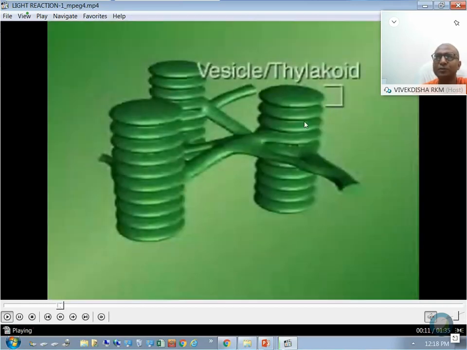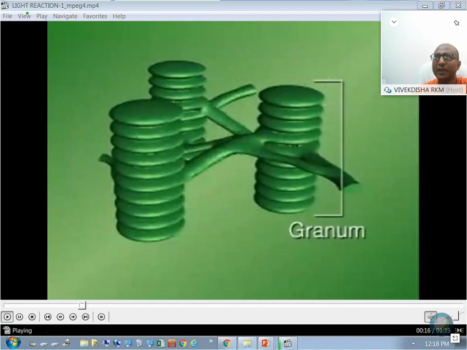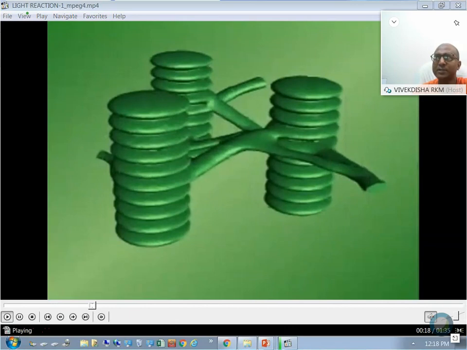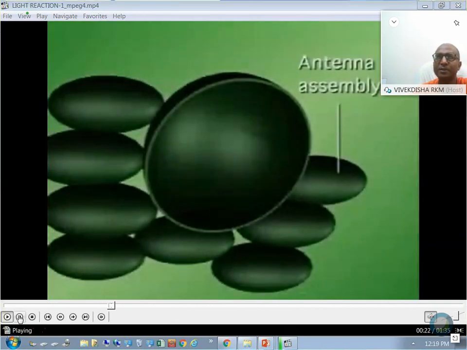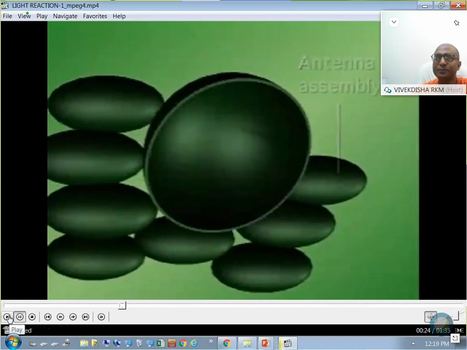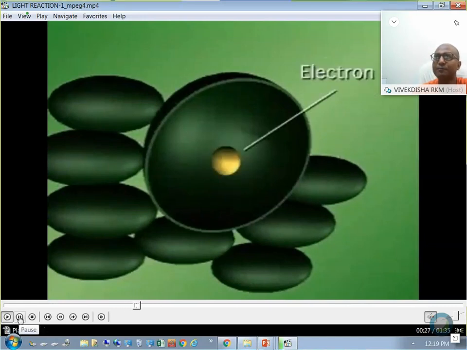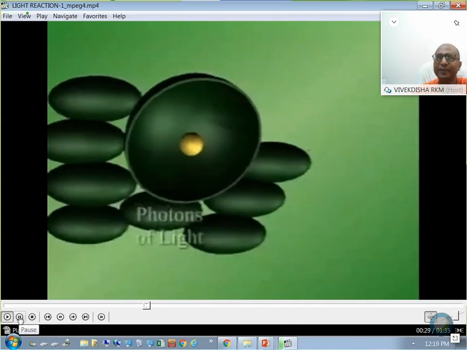Inside, we will find thylakoid or vesicle, sac-like structure. And one full stack is known as granum. Inside the granum membrane, you will find the antenna assembly. Antenna assemblies are several types of pigments which can absorb different wavelengths of light.